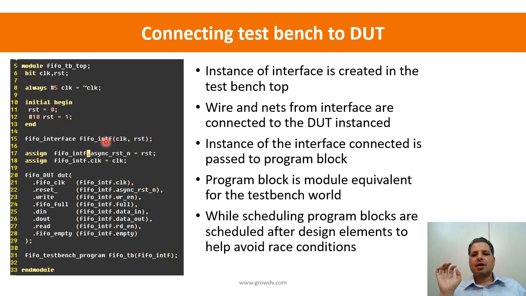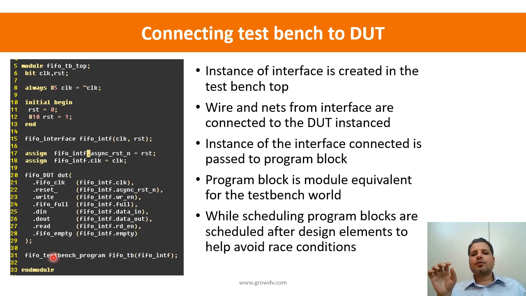So from this code snippet, what you need to keep in mind is, one, the test bench top is still a module, and second, you instance two different things over here. Instead of just a bunch of wires, we are creating a SystemVerilog interface instance, and then we are instancing a SystemVerilog program top, which is the container for all your test bench code.